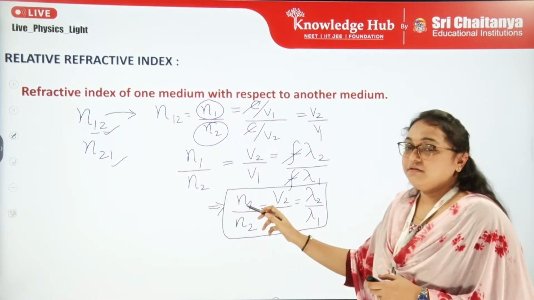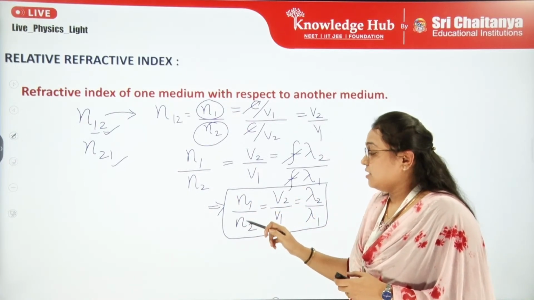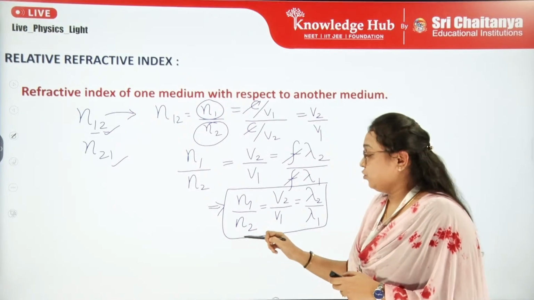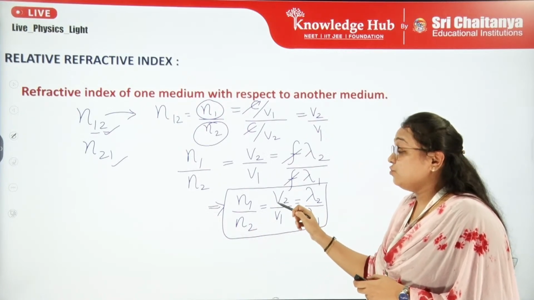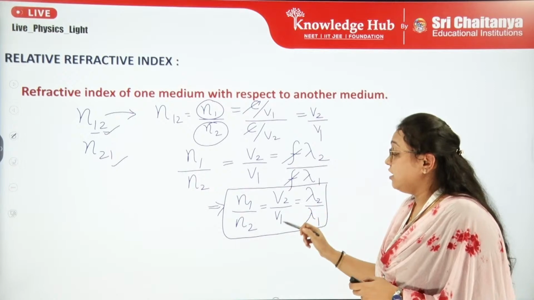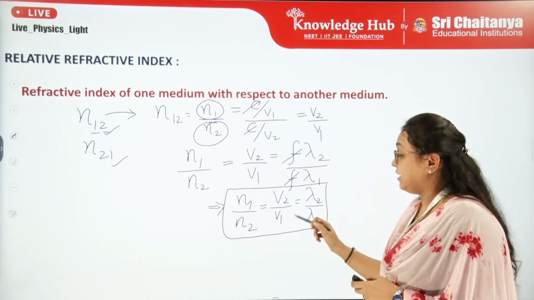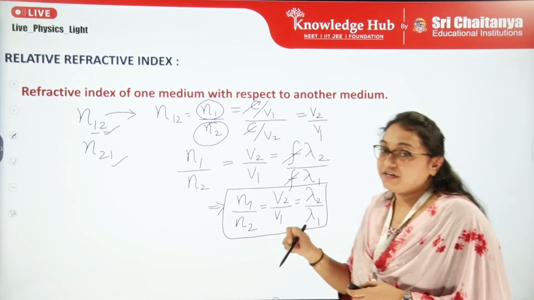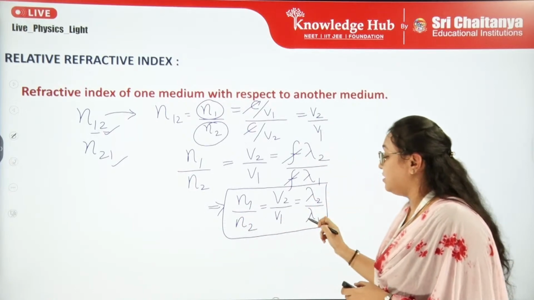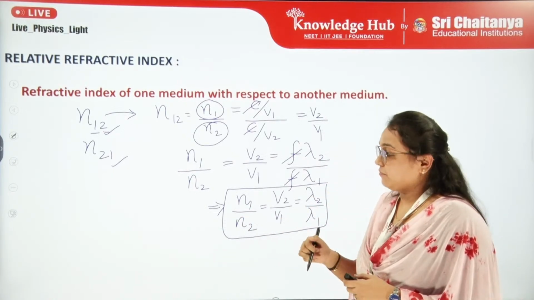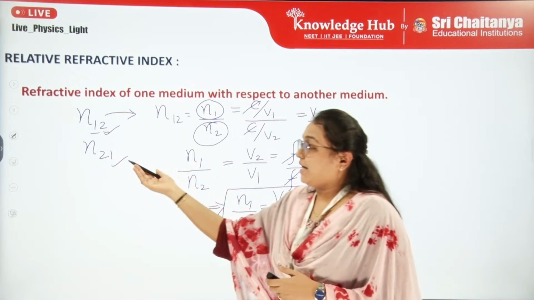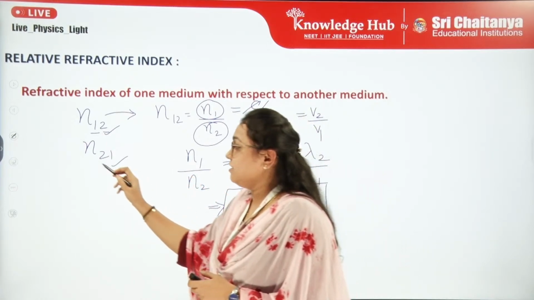So here N1 is the refractive index of medium 1, N2 the refractive index of medium 2, V2 the speed of light in medium 2 and V1 the speed of light in medium 1. Lambda 2 is the wavelength of light in medium 2 and lambda 1 is the wavelength of light in medium 1. In a similar way, we can even write the N21 formula. What does this mean first?